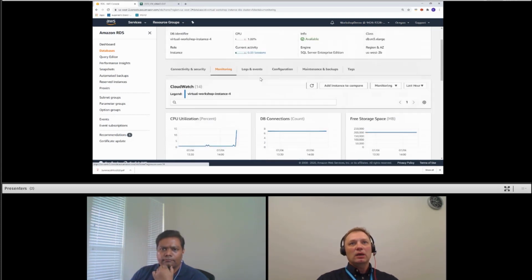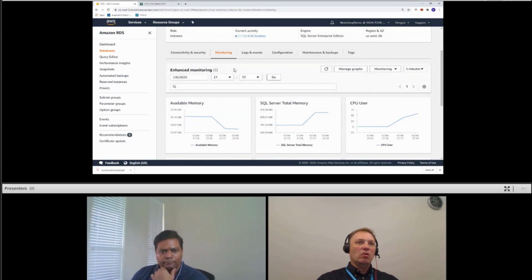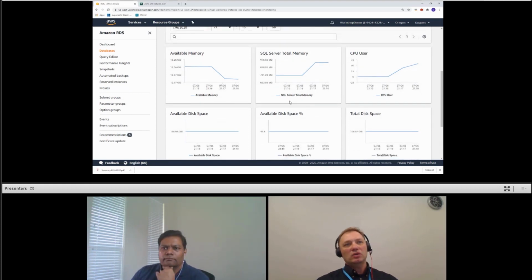Now, the second tool available with RDS is called enhanced monitoring. In enhanced monitoring, they look exactly like the CloudWatch metrics. The difference is that enhanced monitoring are a set of telemetry metrics that's been collected by an agent sitting on the operating system. So again, CloudWatch, that's the hypervisor level metrics.